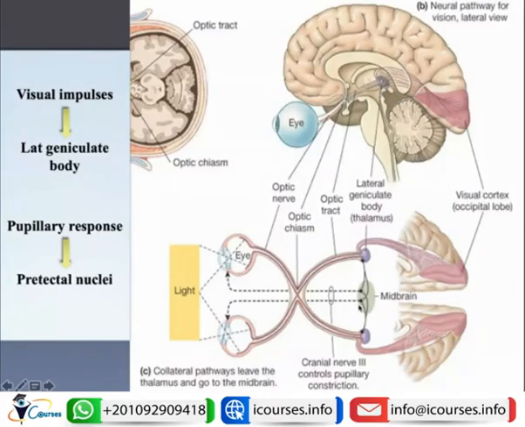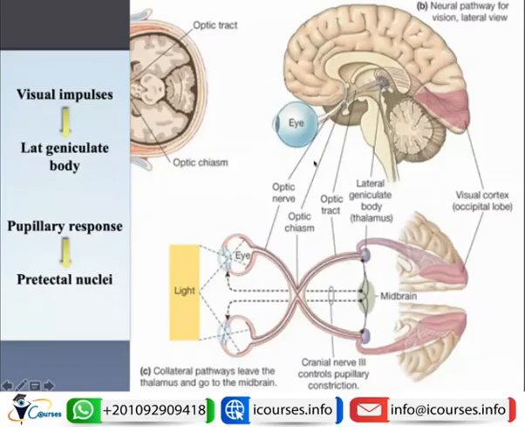So what will govern the exit? Which type of fibers will leave the eye toward the lateral geniculate body, and which type toward the pretectal nucleus? This depends on whether these fibers are carrying visual impulses or pupillary response. If the fibers are for vision, then they will be interpreted by the lateral geniculate body.